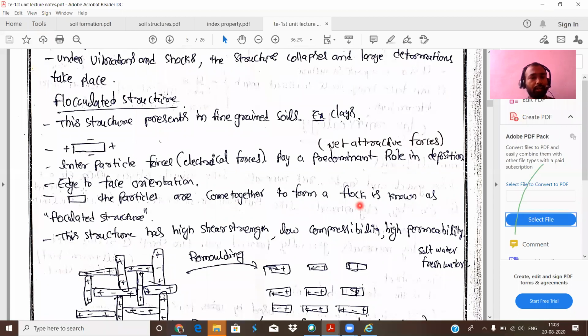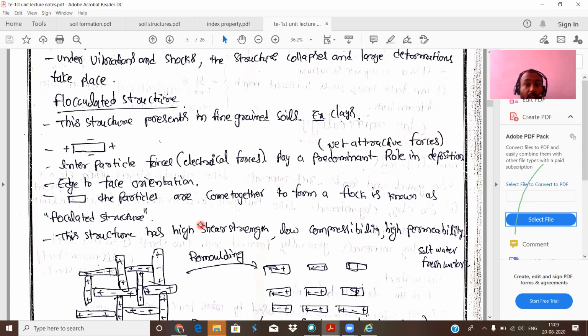Whenever clay particles are combined together at one place, the form is known as a flock. Hence this type of structure is known as flocculated structure.